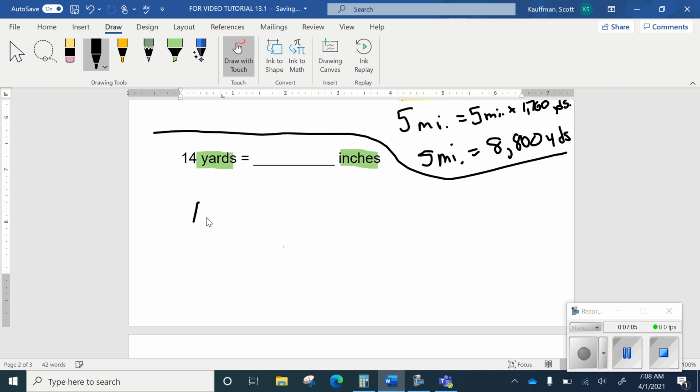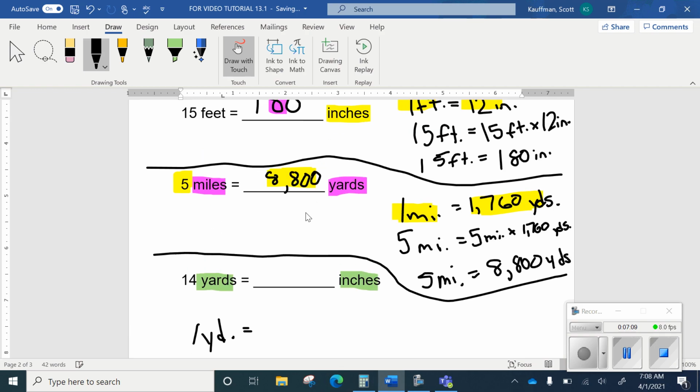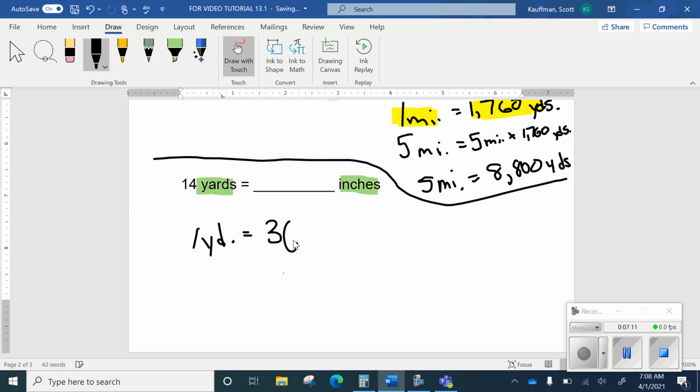All right, so if 1 yard is the same as 36 inches, then 14 yards would be like what? Think about that, guys. What should I put over here?